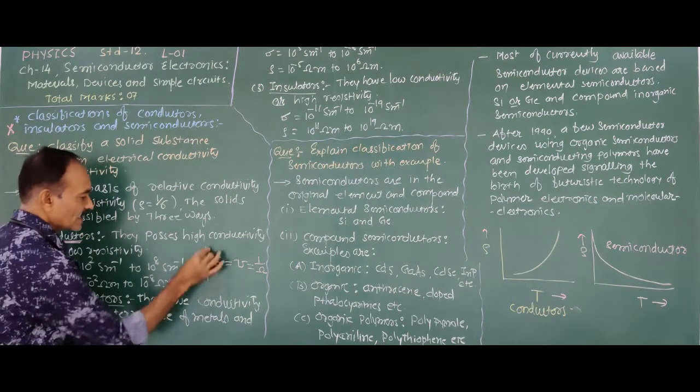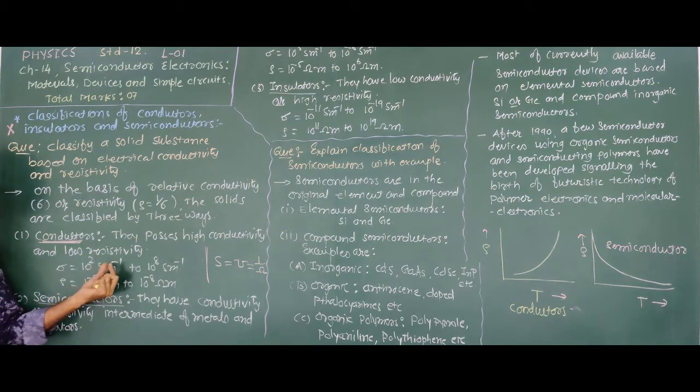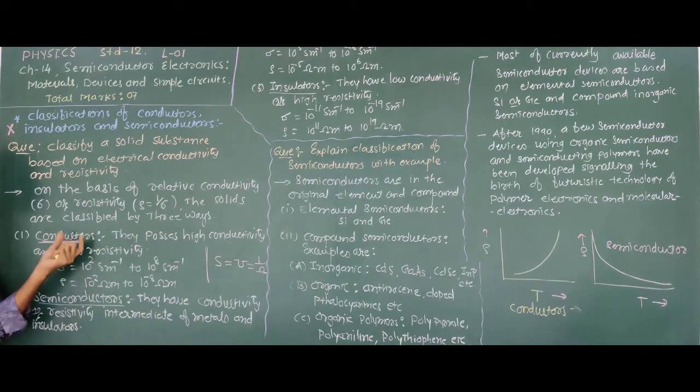That is for understanding. While the value of resistivity is 10^-2 ohm meter to 10^-8 ohm meter. That means for the conductor, resistivity is less and conductivity is much more. So the conduction of electricity and heat takes place easily in this type of solid, known as the conductor.